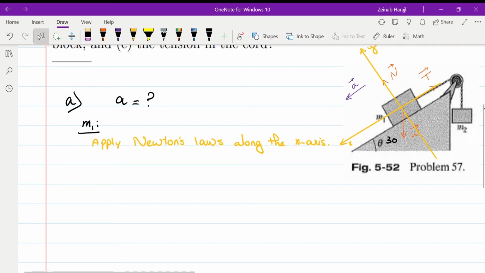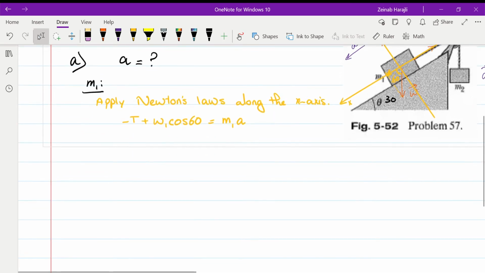Along this x-axis, I have the tension force, and I also have the x component of the weight force. The weight makes an angle of 60 degrees with the positive x-axis selected here. So we're going to have here T plus W1 cosine 60 equals M1 times A. So this is our first equation.